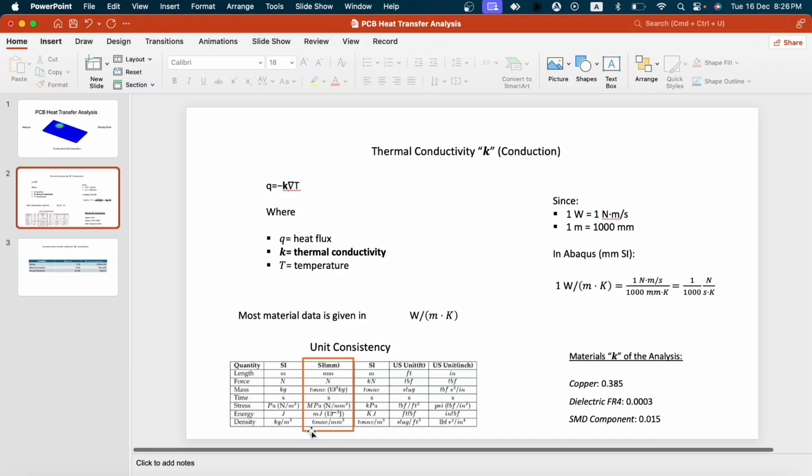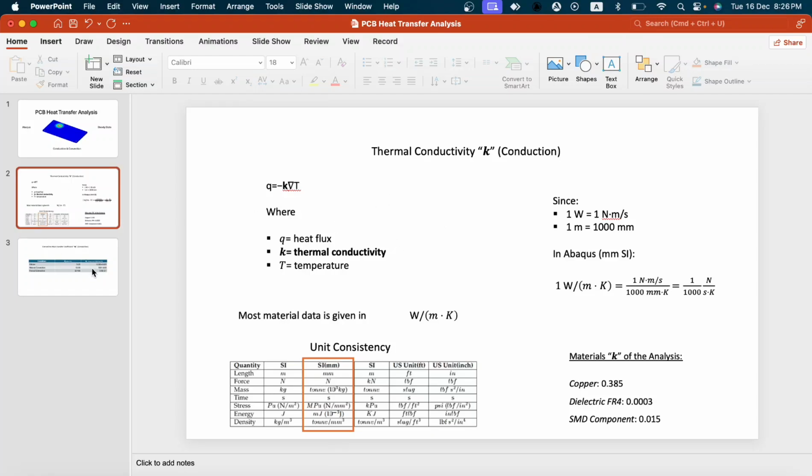This is the very famous table for Abaqus users, the table for the unit consistency, and we have to make the conversion to the millimeters, and these are the values for some materials.